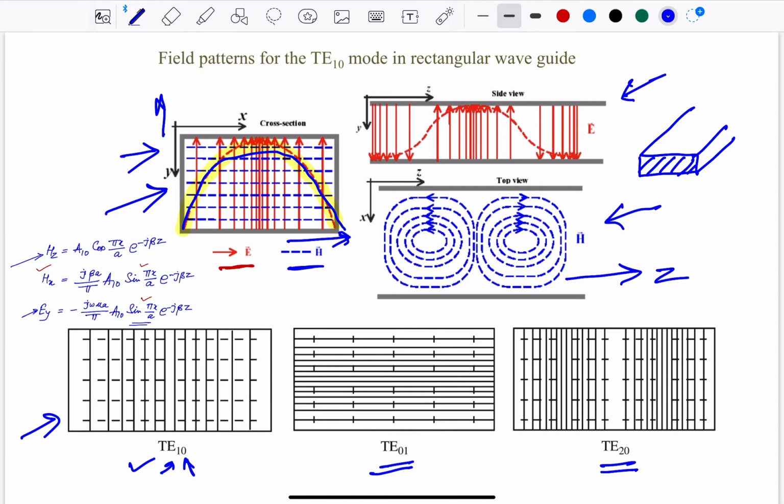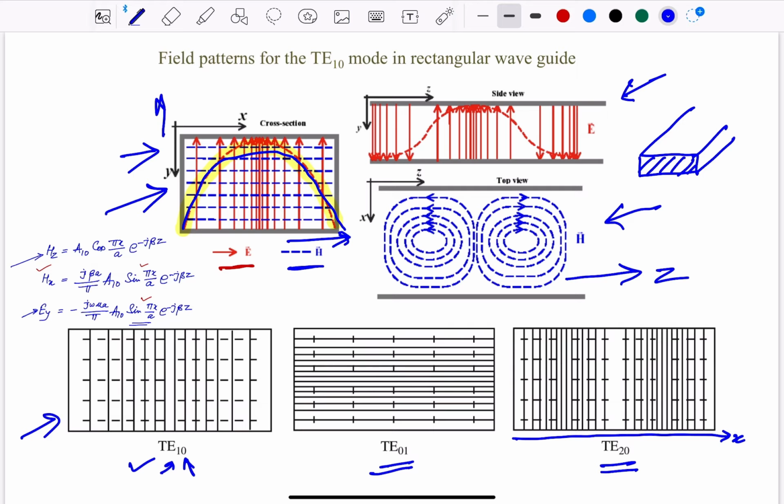Now this is quite interesting, how we can visualize this TE20 mode. It means that when we are moving along the x direction, you should get at least two variations. This two stands for two half wavelength variations. You can make some observation like that.